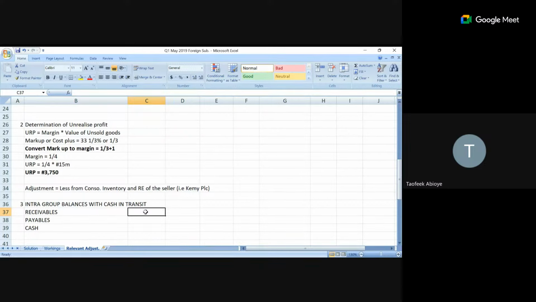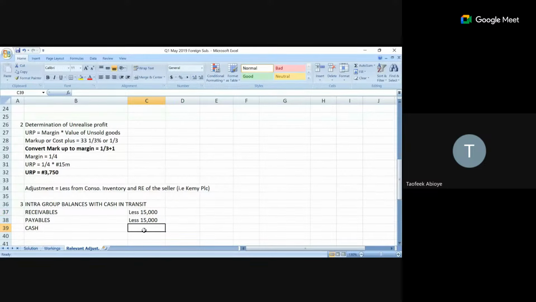So our adjustment is that we are supposed to less 15 million from payables, then we less 15 million from receivables. However, one of them did not receive money, and that is why its cash came in.